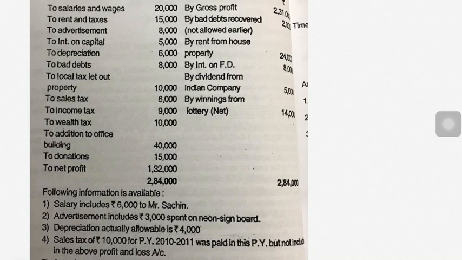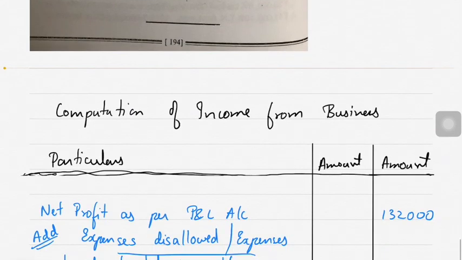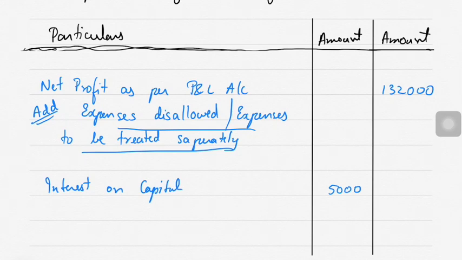Next, to depreciation, P&L item. To bad debts, P&L item. To local tax on let out property. This is an expense which should be treated separately, correct?